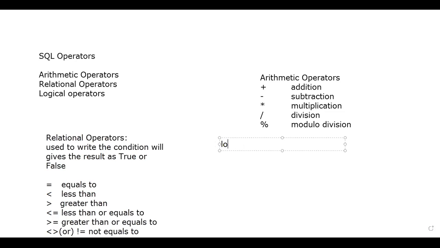There we wrote two conditions: product ID greater than or equal to 300 and product ID less than or equal to 400. Product ID is one operand, greater than or equal to is a relational operator, and 300. When it matches that condition and also the other condition, product ID less than or equal to 400, when it matches both, then it is retrieved.